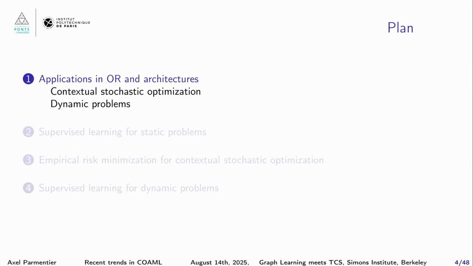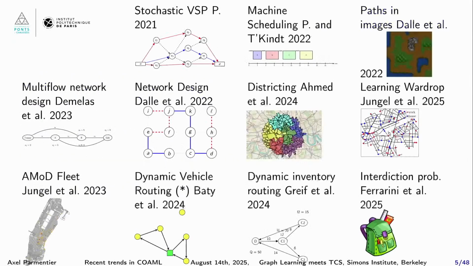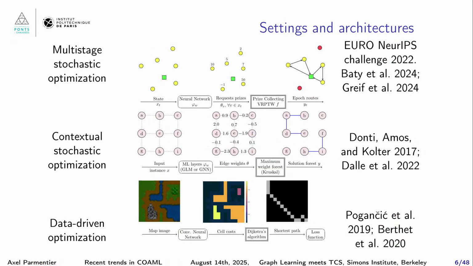So let's start with some applications. Why would we want to do that? So during the last 5 to 10 years, there have been many applications, and we can summarize them in 3 main kinds of applications. The first kind at the bottom would be data-driven optimization.